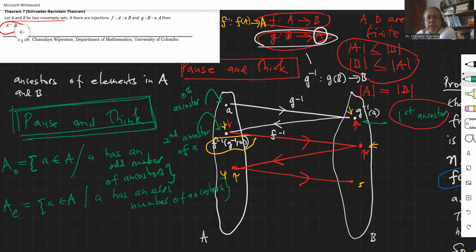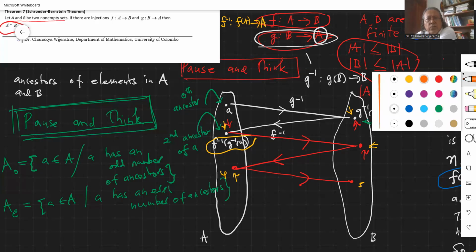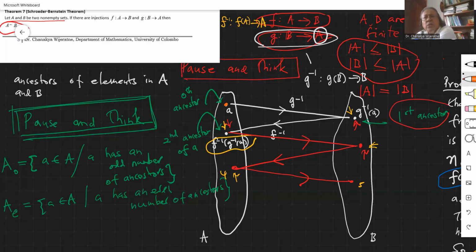So it could be that it has only itself as the ancestor. It means that G inverse of a does not exist, so it doesn't go back. So it has 0 ancestors, and 0 is an even number. Or it has 2 ancestors, so it stops here, or stops here with 4 ancestors.